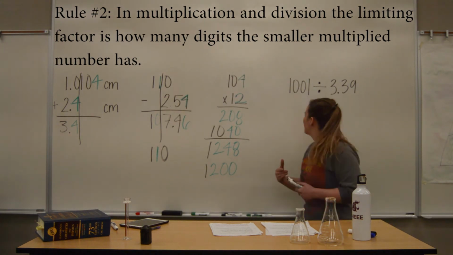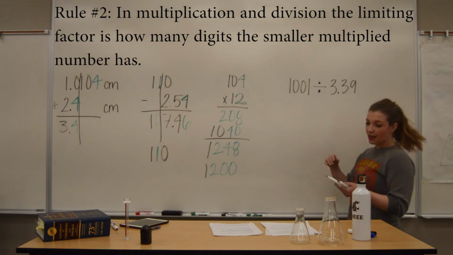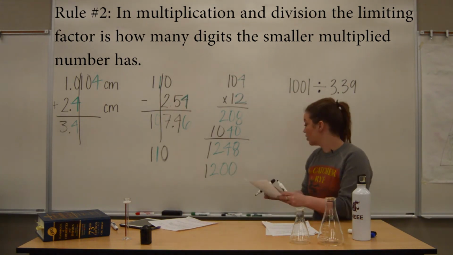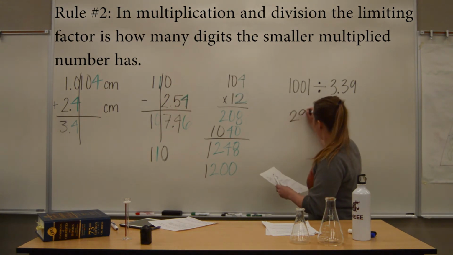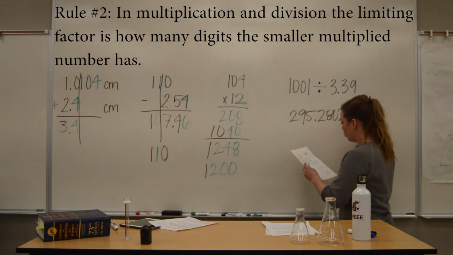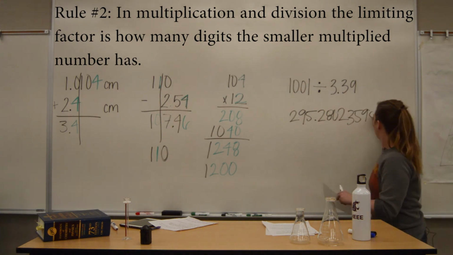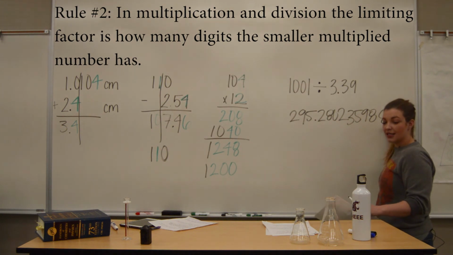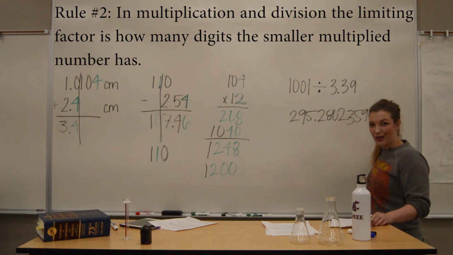Let's try this with division. 1,001 divided by 3.39. I actually did this one already on my calculator. So here's what I got. 295.28023598. If you do this, there's no faster way to annoy your chemistry teacher.